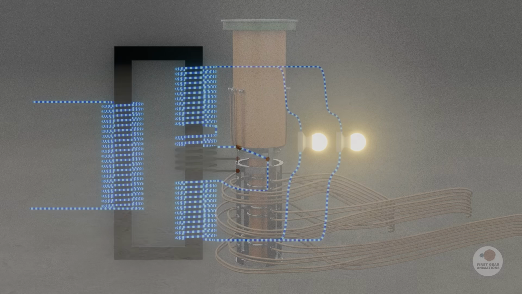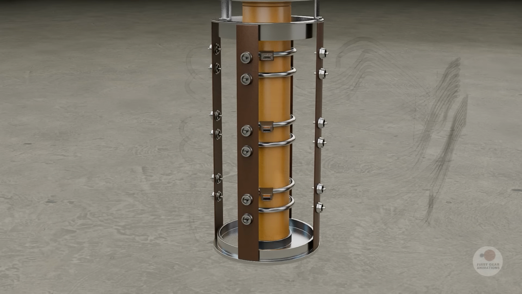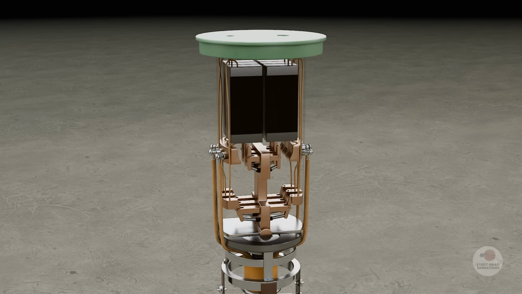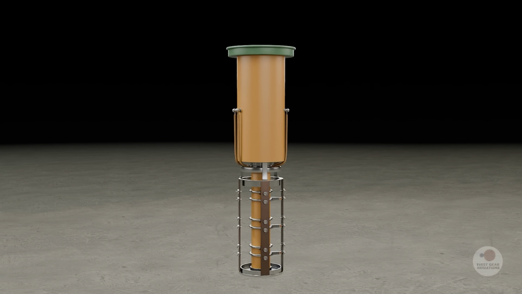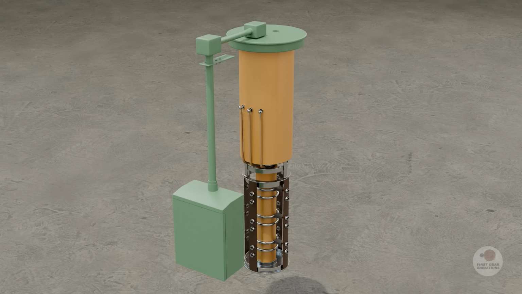An on-load tap changer mechanism consists of two primary functional units: the tap selector and the diverter switch. When the automatic voltage regulator of the transformer detects that the output voltage is too high or too low, it sends a command to the system's motor drive.